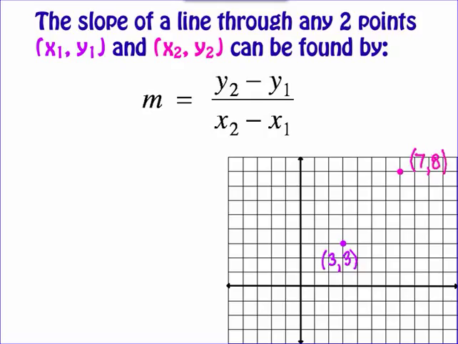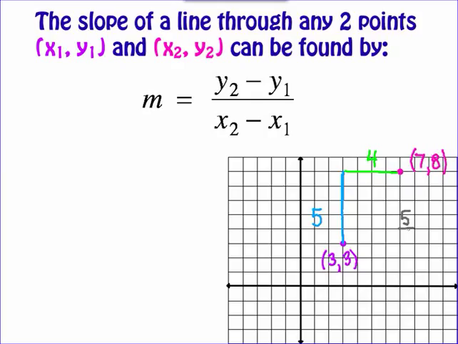Now to find the slope or rate of change between those, remember on the graph, you find the rise divided by the run. The rise is how far you go up or down. How far do I go up between those two points? 5. The run is how far I go left to right. How far is that? 4. So my slope is going to be 5 divided by 4.